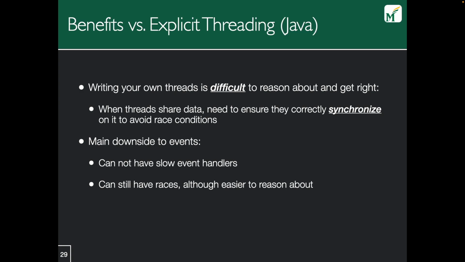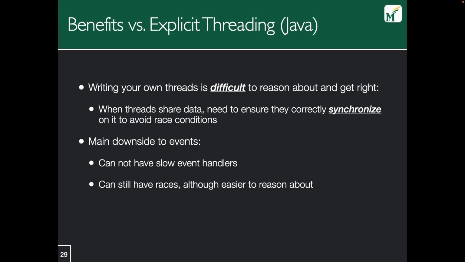Writing your own threads can be really difficult because you have to constantly reason about what the state of the different threads are and what's being returned when. And if you look at studies of bugs in various types of applications, one of the top categories is often related to asynchronous programming concepts because it's inherently difficult to reason about.